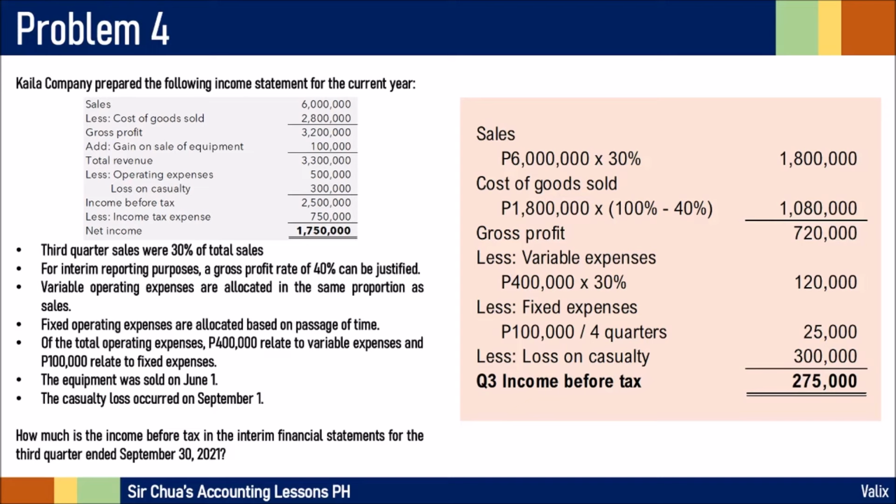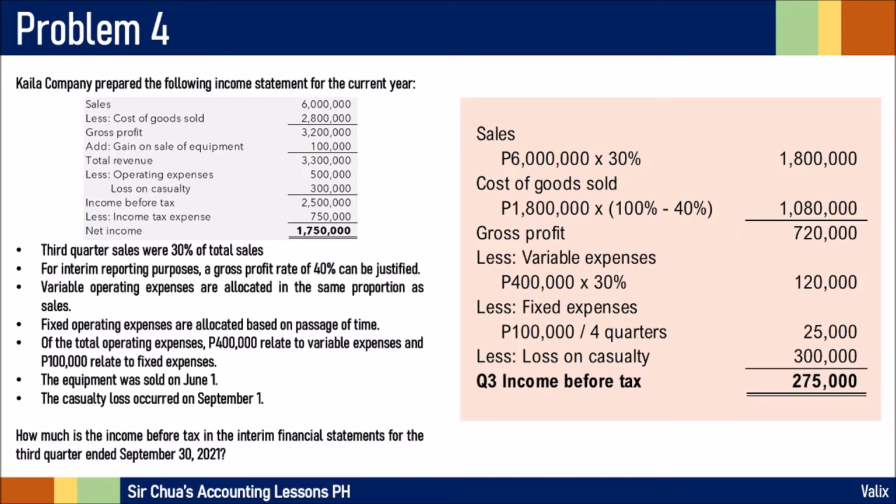For your variable expenses, it's allocated in the same proportion as sales. So, if your sales is 30%, then your variable expenses will also be 30%. Okay? So, 400,000 times 30% is 120,000. Okay? And then, for fixed expenses, it's 100,000 divided by 4 kasi passage of time daw po.